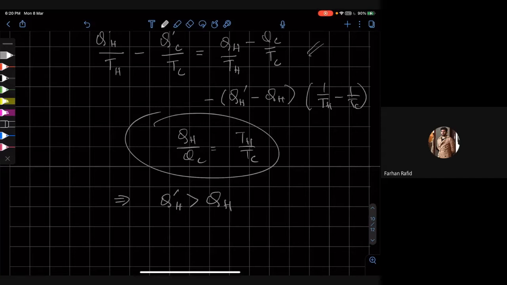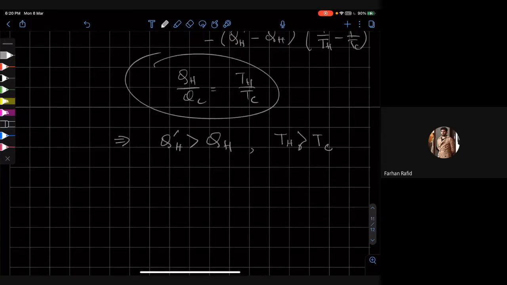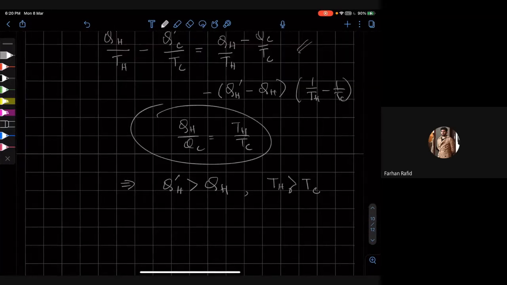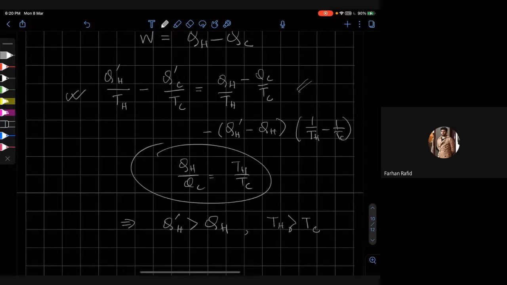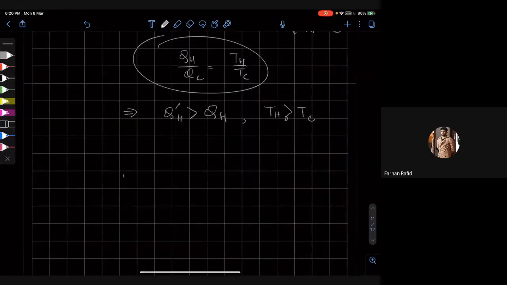And for any heat engine, TH is greater than TC. These together mean that the left-hand side of this equation is negative: Q prime H over TH minus Q prime C over TC is less than or equal to 0.